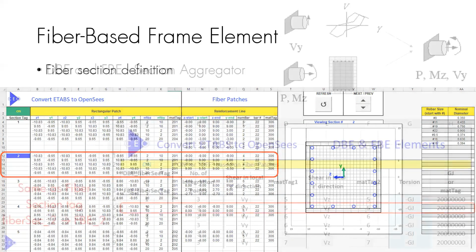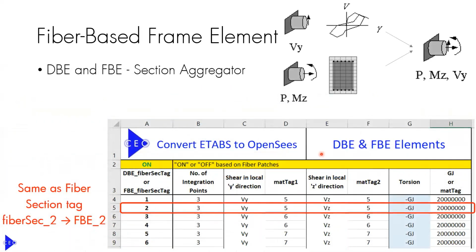Then in the next tab that we also saw, you will aggregate this section with the specific materials that are used to define shear and torsional stiffnesses or shear and torsional behavior. And then that's it. You just assign that to whatever line element you want in ETABS.